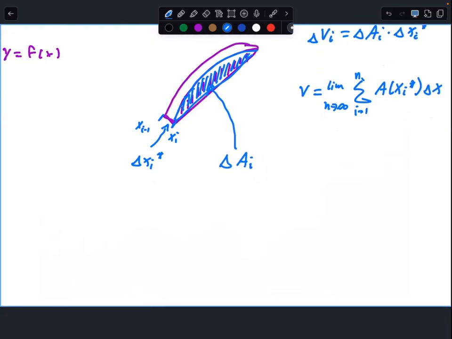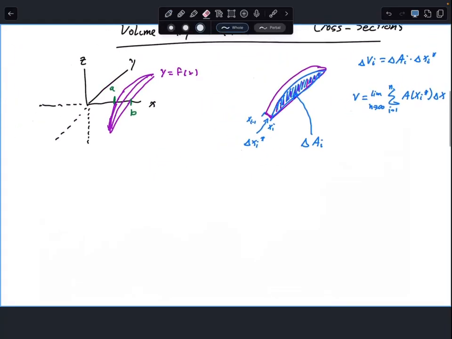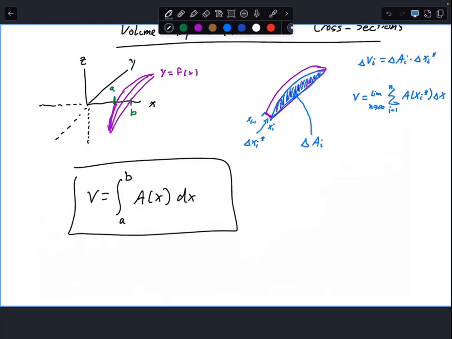With this, you get the formula you should probably be comfortable with: when we know the cross-sectional area, volume is equal to the integral from A to B of the area of the cross-section, A of x, dx. Or, if we were integrating from bottom to top and can find a formula for the cross-section as a function of y, then the integral of A of y dy.